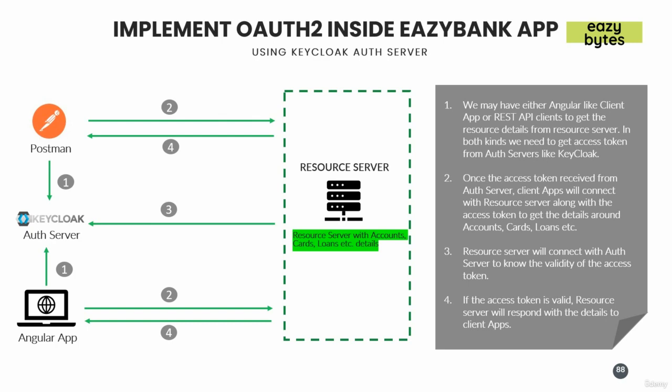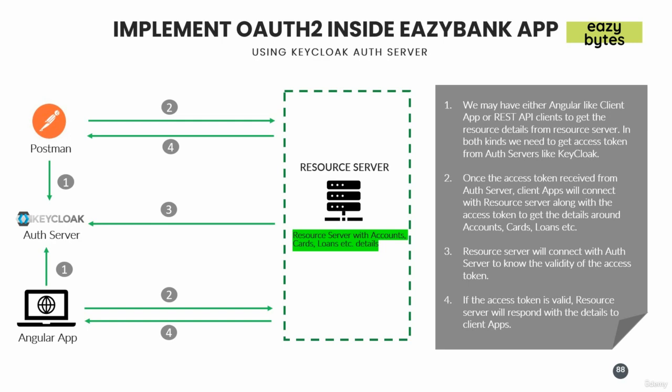The same backend application is acting as an authorization server and resource server, which is not a good practice for enterprise applications. The main advantage of the OAuth2 framework is to separate your authentication and authorization logic from your business logic. So you should always consider a separate authentication and authorization server, and all your business logic can stay inside a resource server.